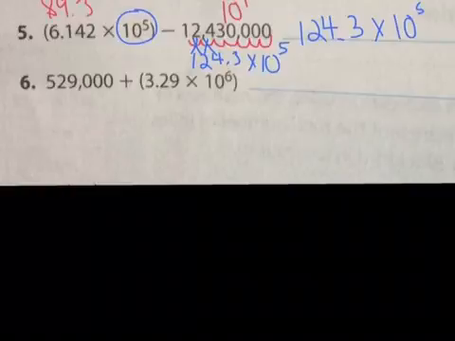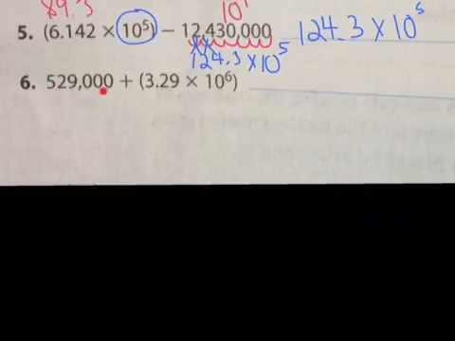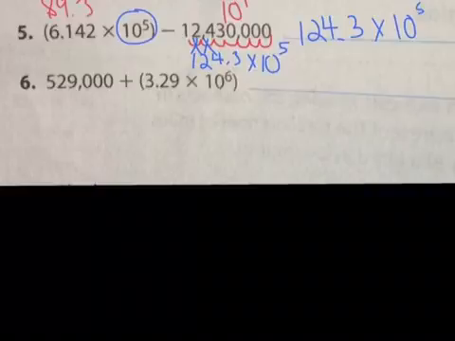Okay, so if I were to make the scientific notation, I have 1, 2, 3, 4, 5. Okay, 10 to the 5th power. And here I have to the 6th power.